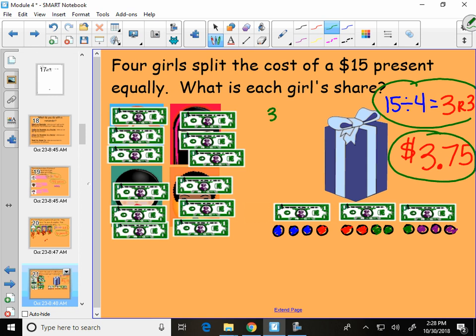If I say the first girl owes $3.75, the second girl owes $3.75, the third girl owes $3.75, and the fourth girl owes $3.75, and we added it together: 5, 10, 15, 20. 4 sevens would be 28, 29, 30, and 5 threes would be 15. Oh my gosh, there's the $15. So 3 remainder 3 is the mathematical answer, but the real life answer would be $3.75.